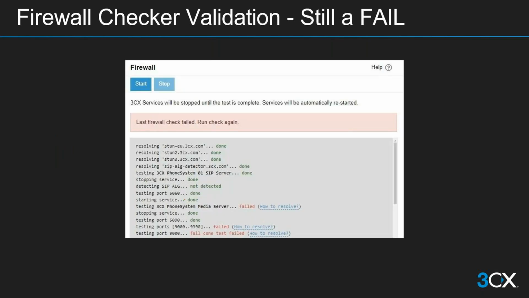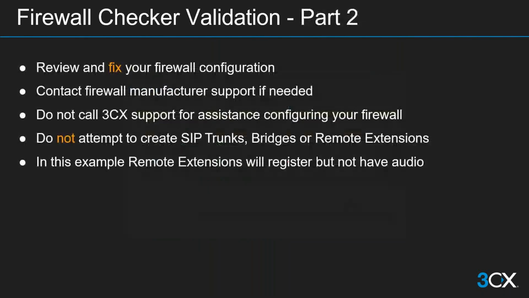Now we go further. We see SIP ALG is not detected. The 5060 full cone is available, 5090 full cone is available, but the media is not done properly. So review and fix your firewall configuration. Contact the firewall manufacturer support if needed.